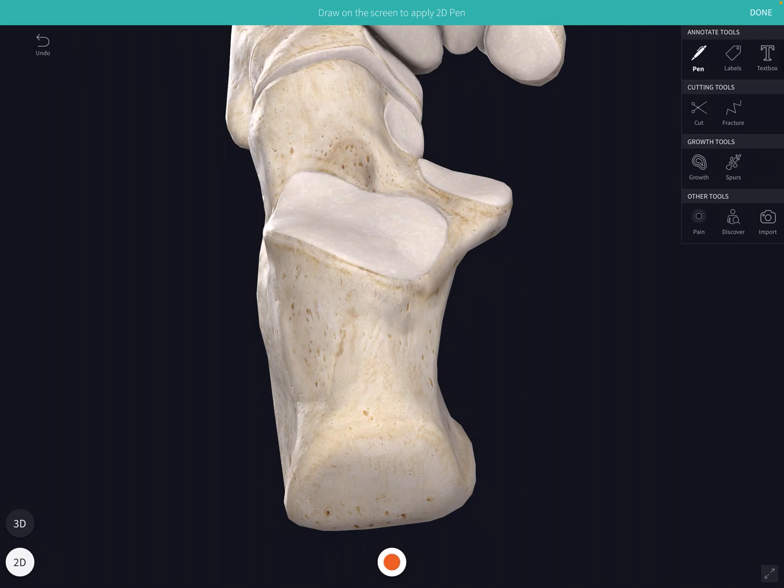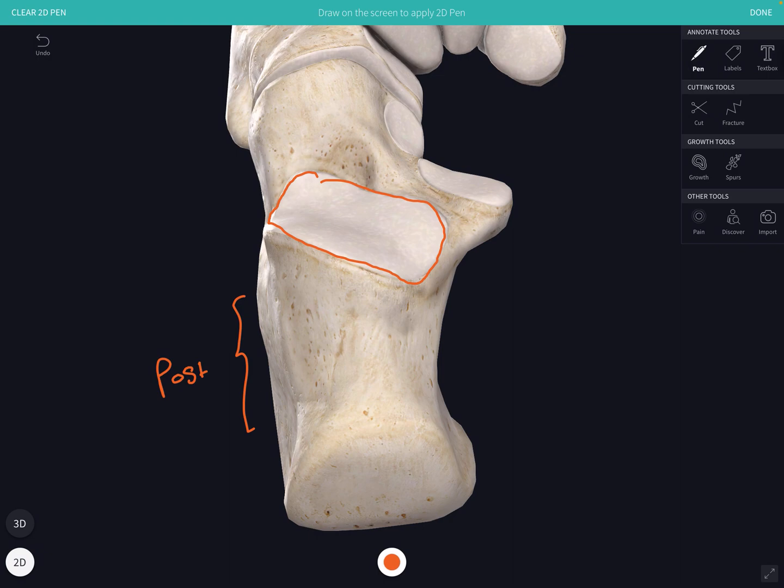Now, the middle area of the superior surface of the calcaneum, we can identify quite a large articular surface. Okay, so we've dealt with the posterior aspect, and we're now looking at the middle aspect of the superior surface of the calcaneum.